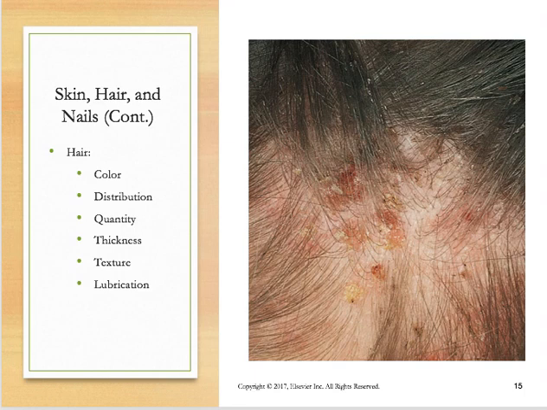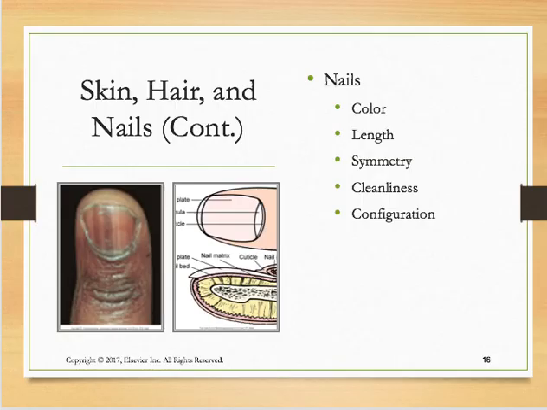You're looking at hair, right, for all of these different things, and I'm going to let you read through that. You're looking at nails. All different kinds of things can show us. If you have ever seen someone who has clubbed nails, where it's kind of rounded, that can be a sign of an oxygenation problem. Hint, hint, you may see that on a test.